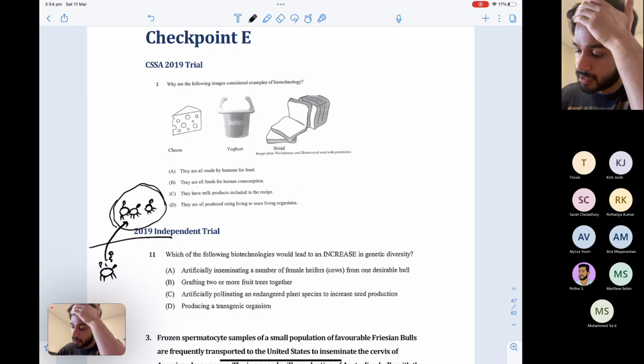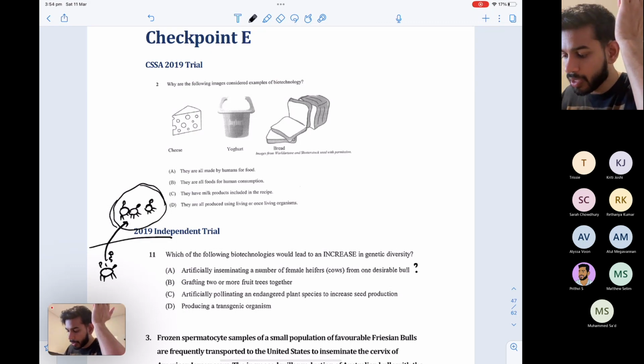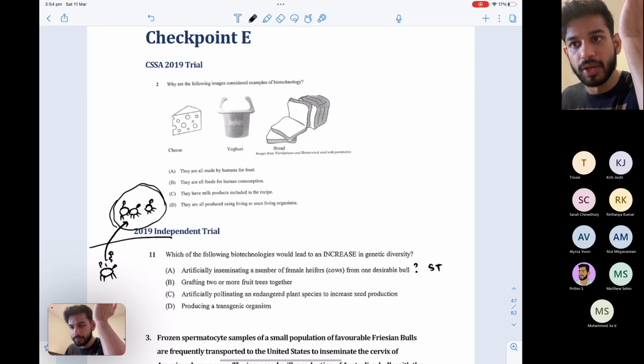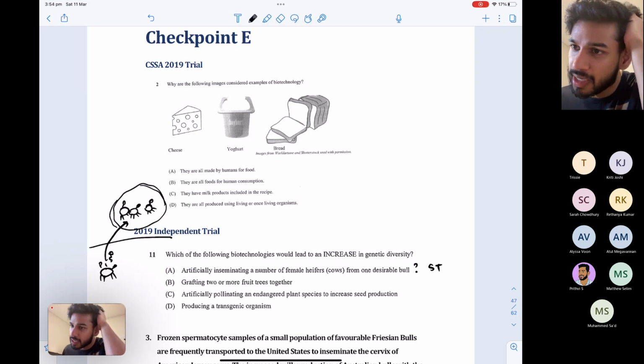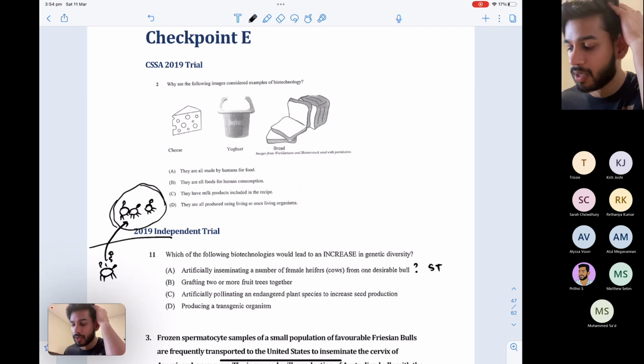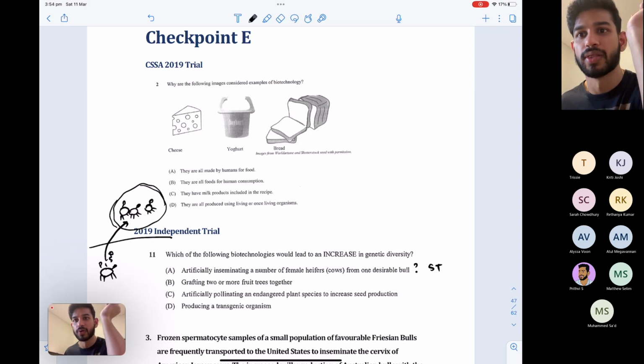In theory, it could in the short term, but long term it wouldn't. And this question is a bit vague in telling us how many cows it's been transferred to, because that will also affect it. If we transfer it to every single female cow, eventually it would decrease genetic diversity as well. But yes could be an answer, though there is a small flaw in that it would increase it only in the short term.